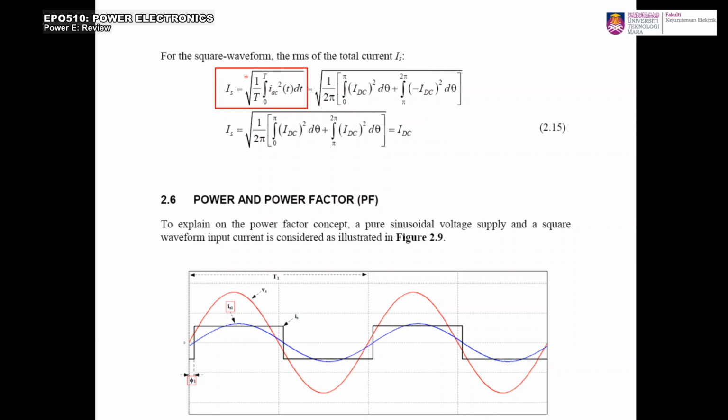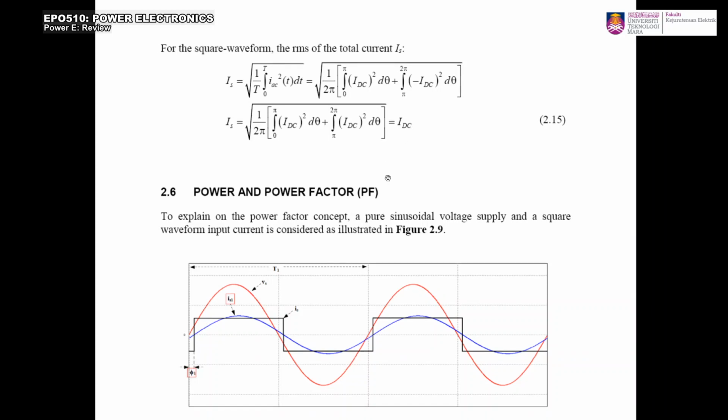Root mean square: you just draw the root and then draw the mean equation and then square that mean equation. That will give you the RMS of any waveforms. So solve that, you get the RMS of a square waveform equals IDC, the amplitude of the constant current.